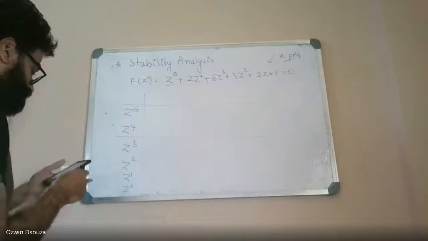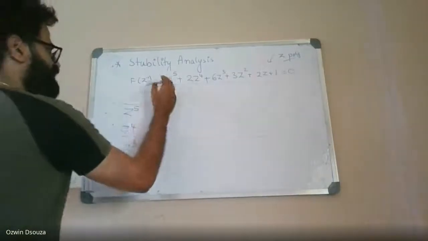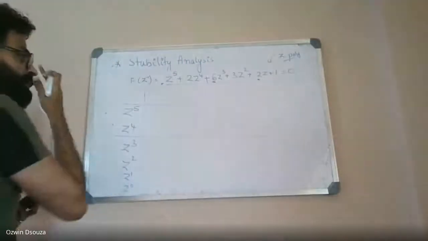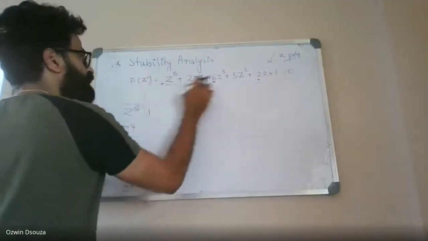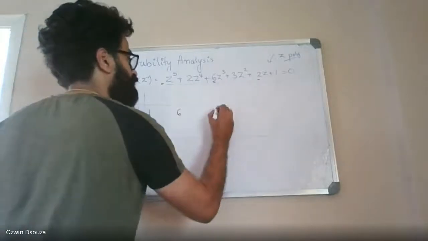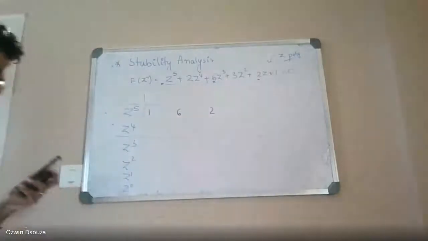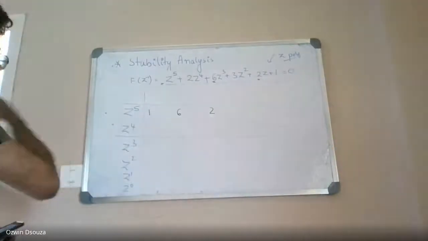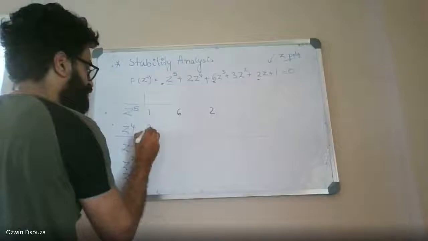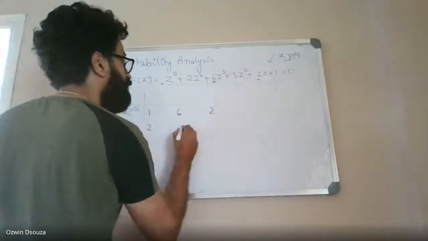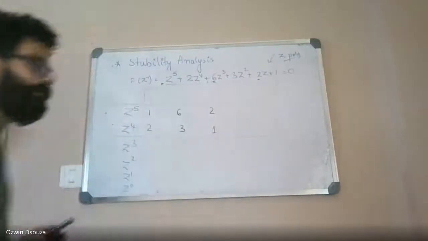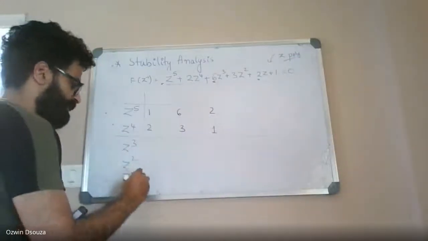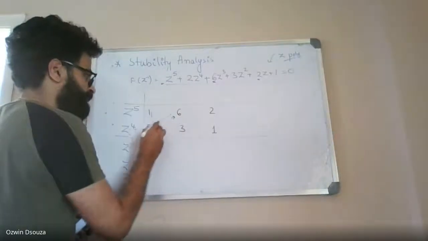Starting from the highest coefficient, the alternate coefficients are taken down, so 1, 6, 2. And in the Z to the power 4 row, the missing terms are tabulated: 2, 3, and 1. All right. And then you continue with the completion of the RH table. Remains the same.